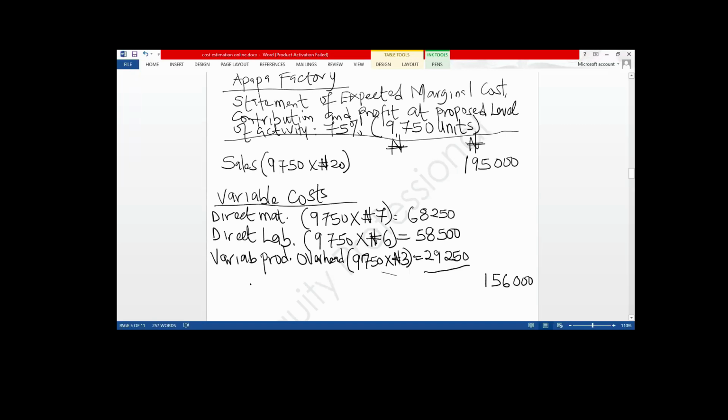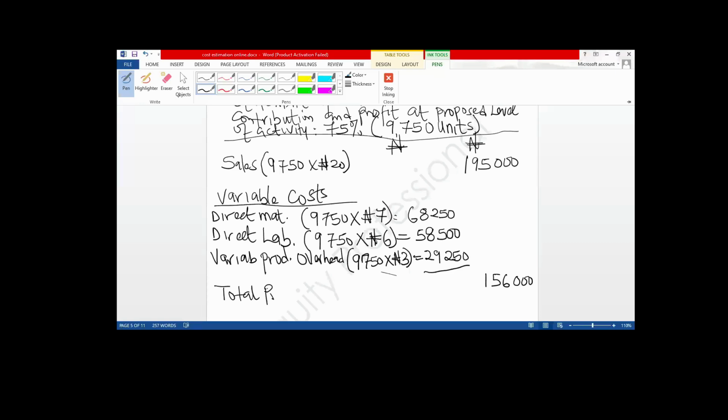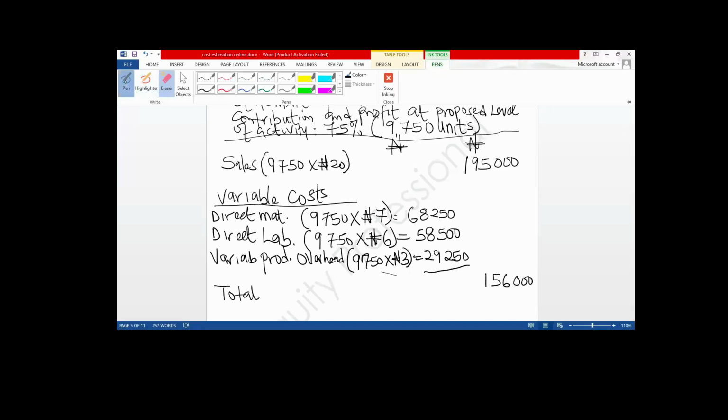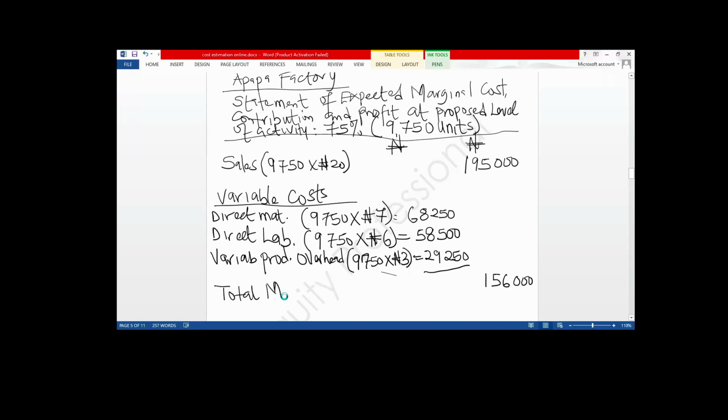The question asks for the expected marginal cost at the proposed level.